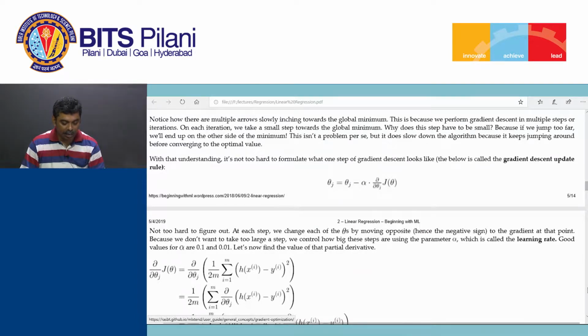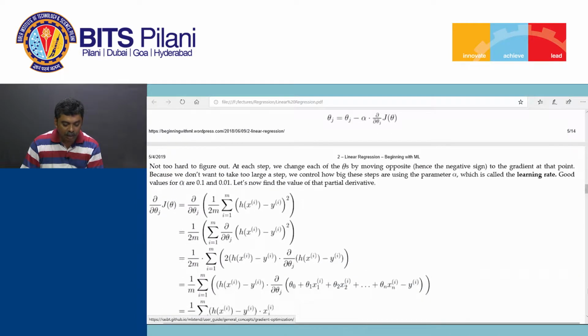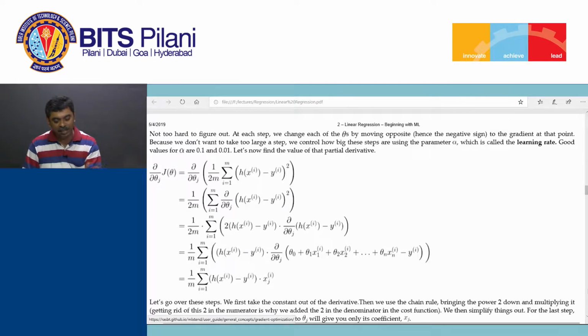Now let's just minimize this. How do we minimize this? The first step is just the partial derivative, but because the partial derivative and the summation operators are both linear, you can exchange them, so you can push the partial derivative inside.